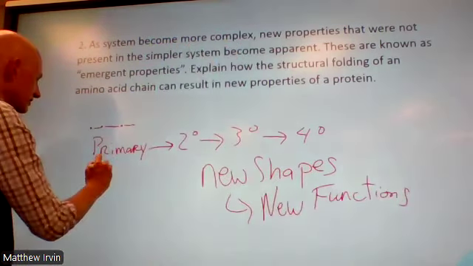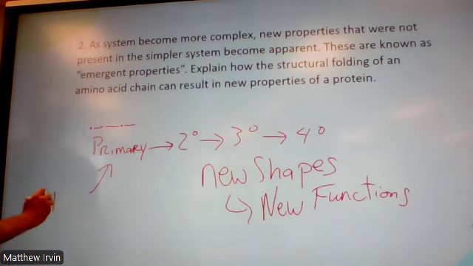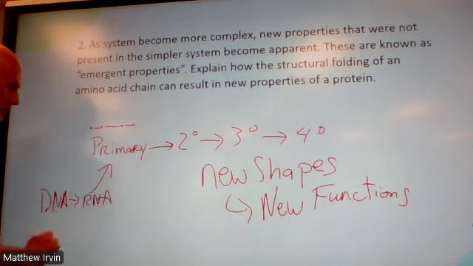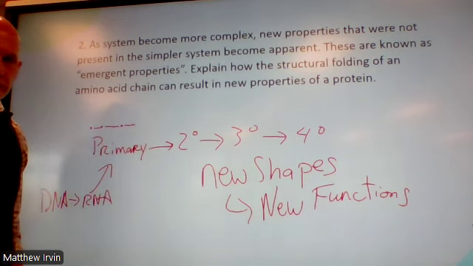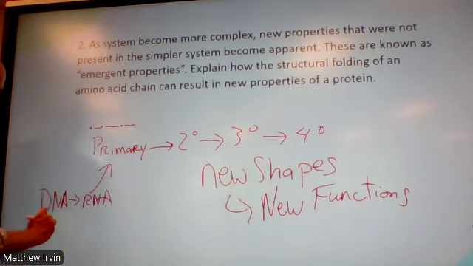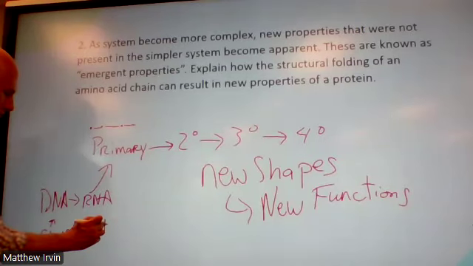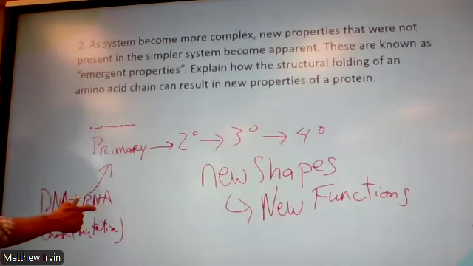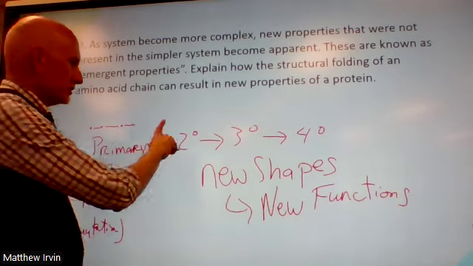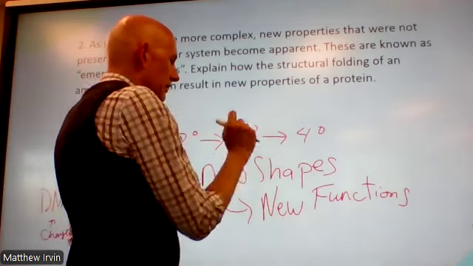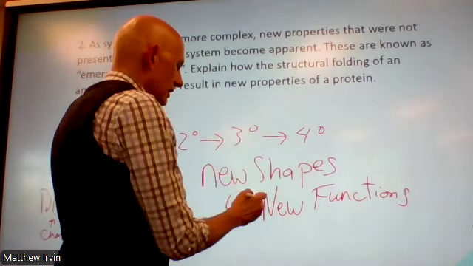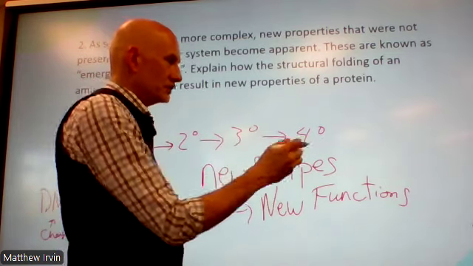This primary structure is from DNA to RNA to protein. That is our central dogma. So if we change our DNA, give a little mutation, we can change our RNA, we can change our primary structure, our secondary, our tertiary, our quaternary, and then we can get a new shape and a new function.